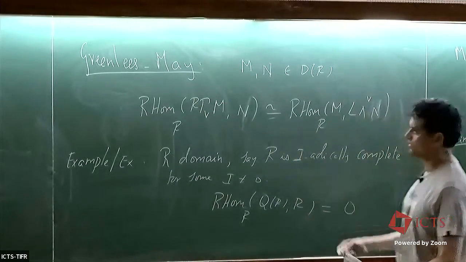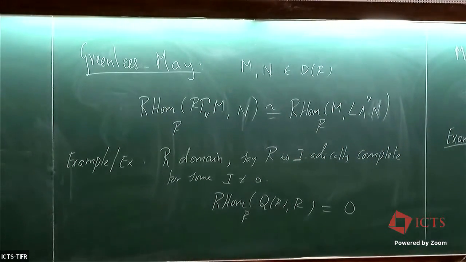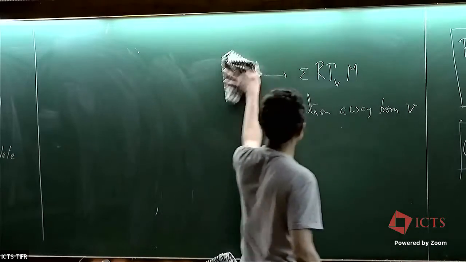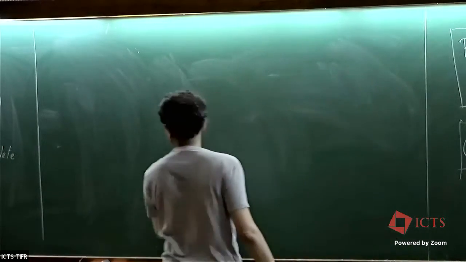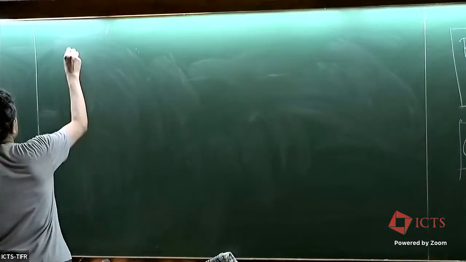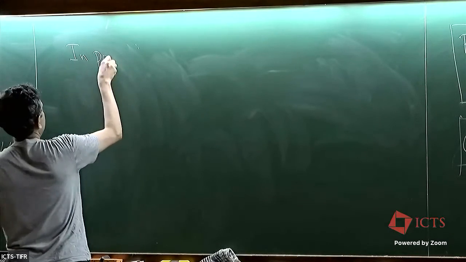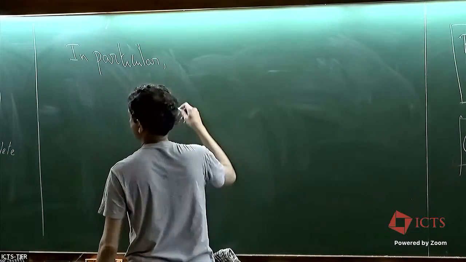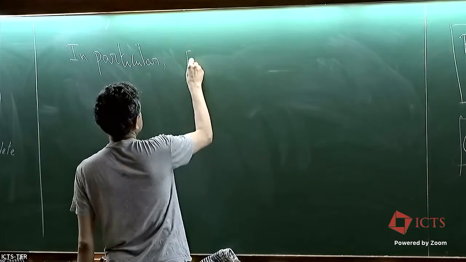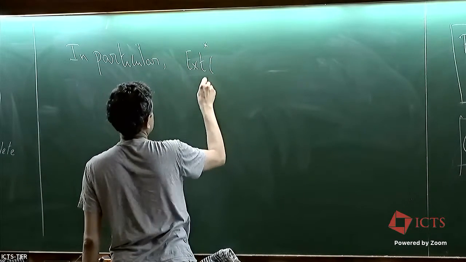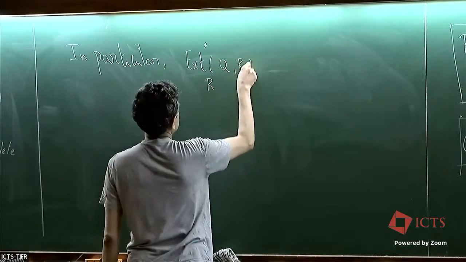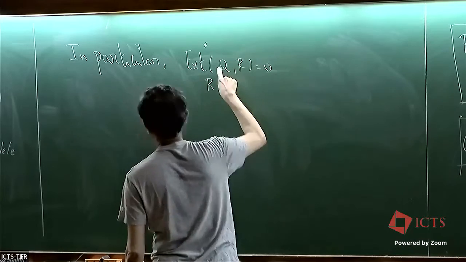So this follows more or less directly from Greenlees-May. It tells you in particular, here's a special case: if you look at a power series ring in a certain number of variables, then Q ⊗ R is 0, where Q is the field of fractions.